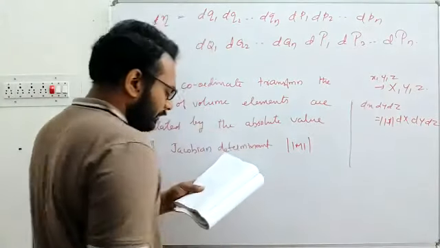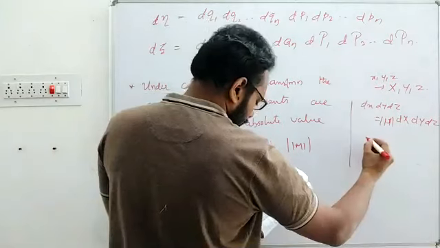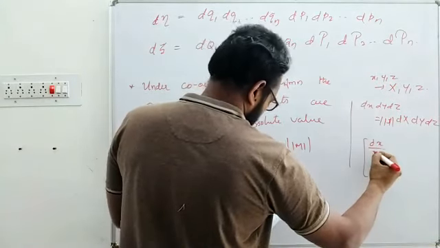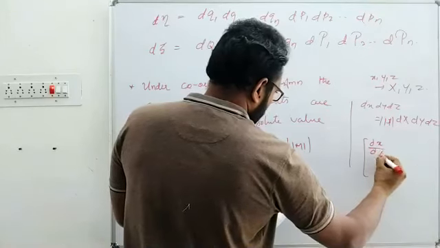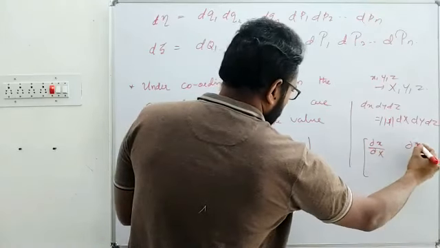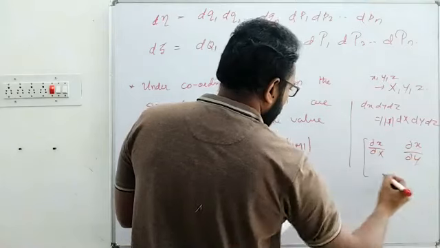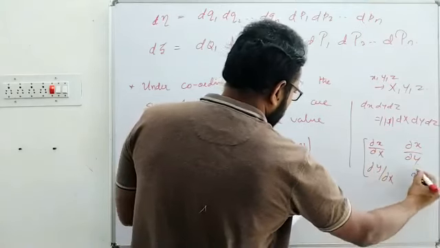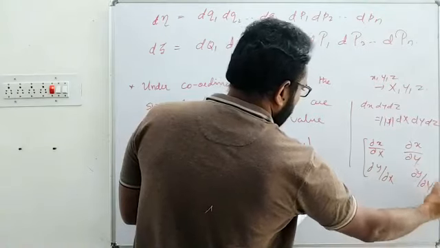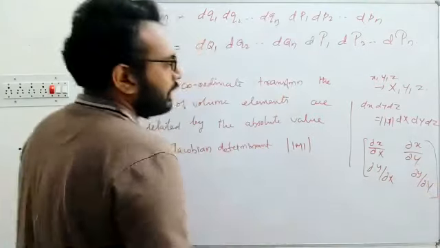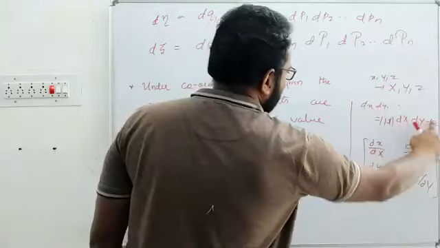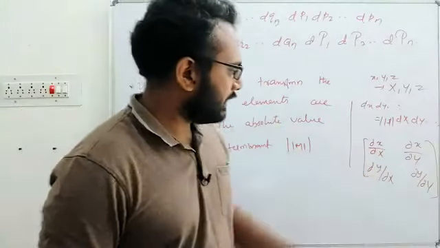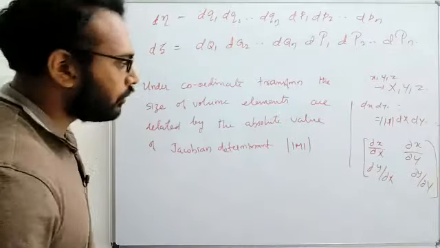It is ∂x/∂x, ∂x/∂y, ∂y/∂x, ∂y/∂y, something like that. I'll just take 2 dimensions. This is known as the Jacobian determinant.